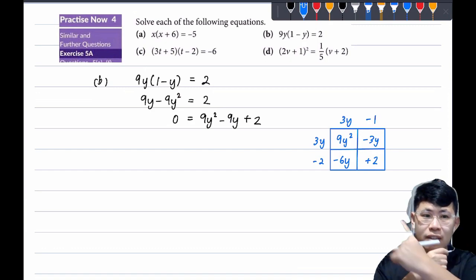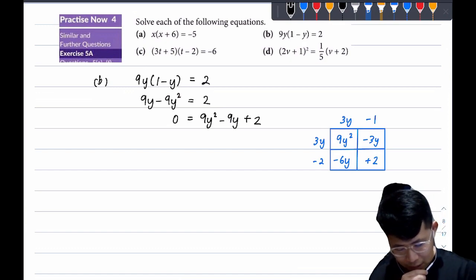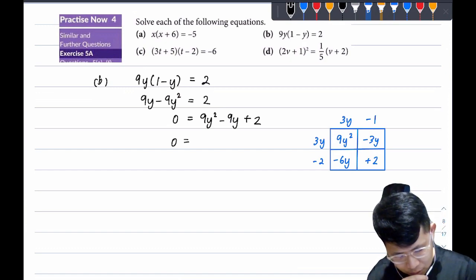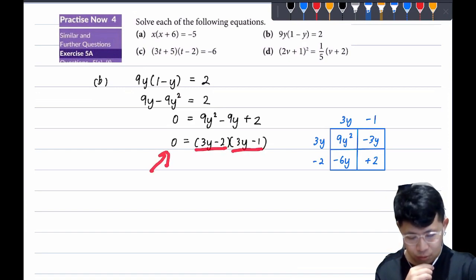When we factorize using the box method above, our factors are 3y minus 2 and 3y minus 1. Observe that one side of the equation is 0, so this equals 0 or that equals 0.